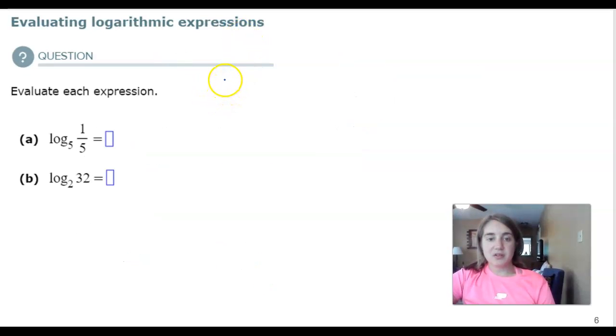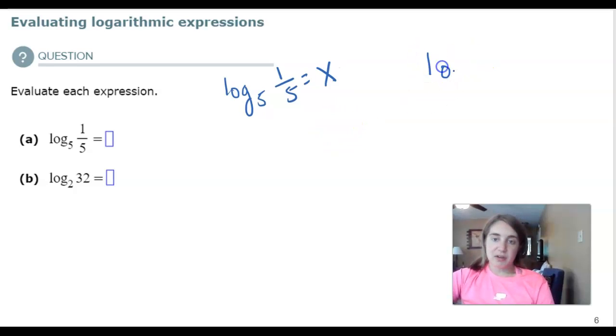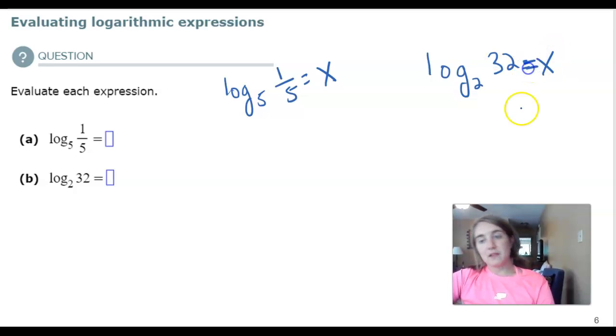Sometimes we need to solve it or don't know the answer. So I'm going to go ahead and put an x, and I'm going to rewrite where the box is and just put an x. There's a couple ways to think about these.